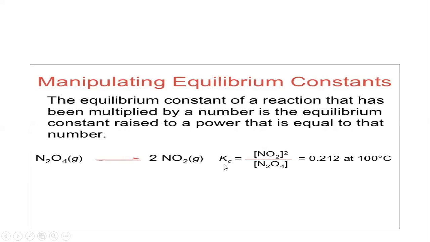If I ask you to calculate the equilibrium constant for the new reaction, 3 moles of N2O4 going to 6 moles of NO2, you just raise this value to the power 3, because I was multiplying through by 3. So if the new reaction is 2 moles of N2O4 going to 4 moles of NO2, what will be the equilibrium constant of the new reaction?